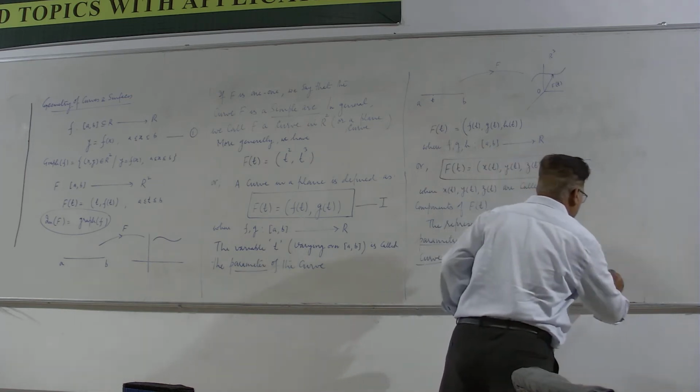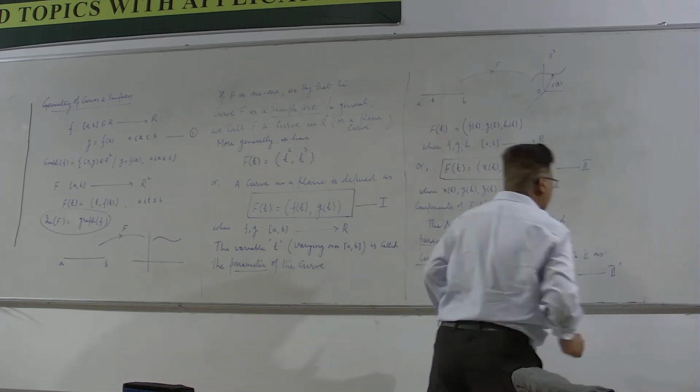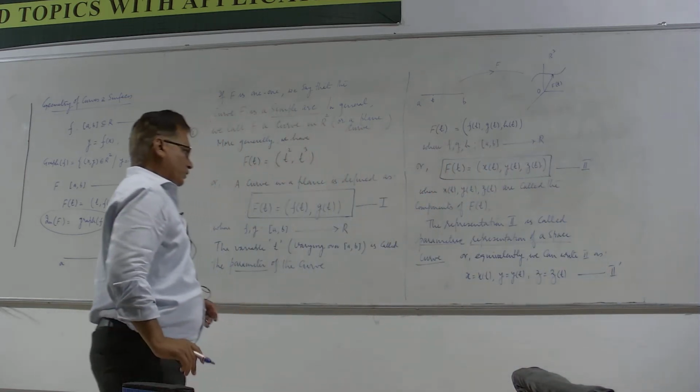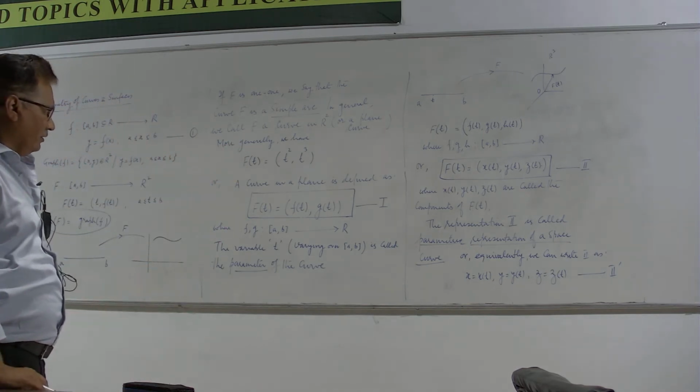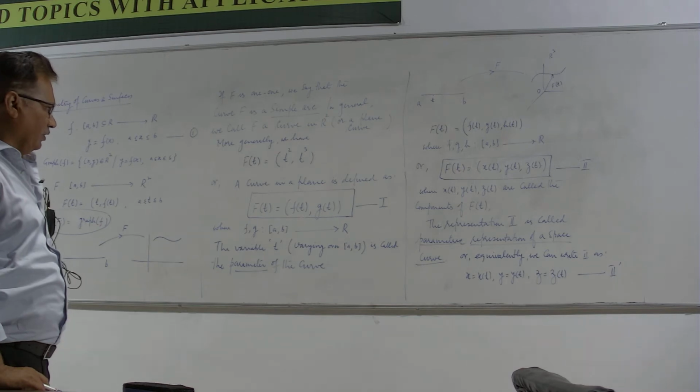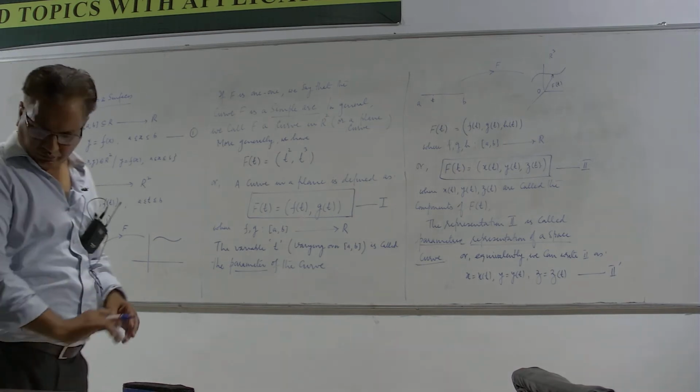You may call it 2 dash. So, these are the representations of a space curve, and the t is called the parameter of the curve.